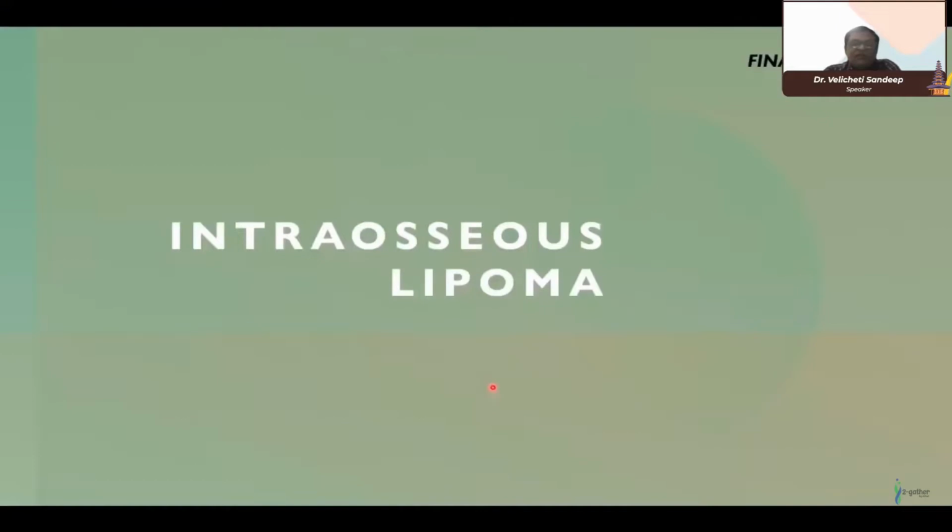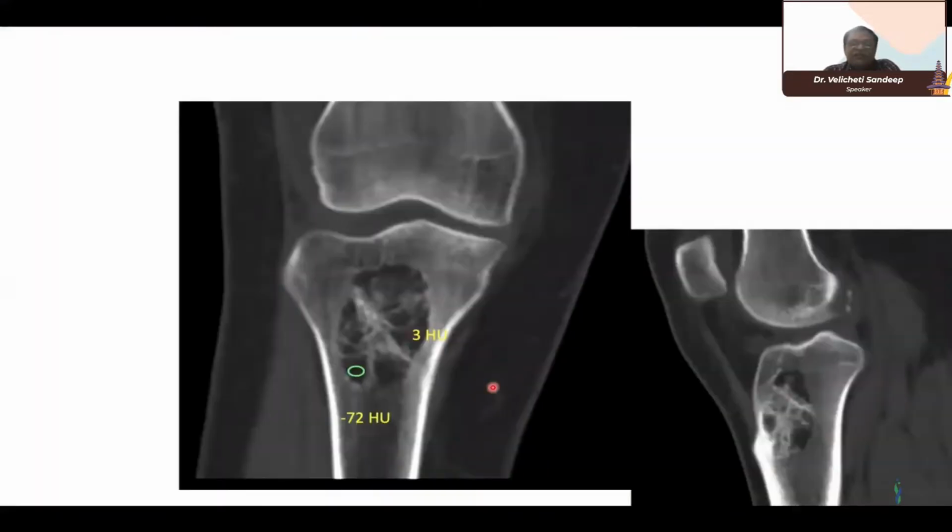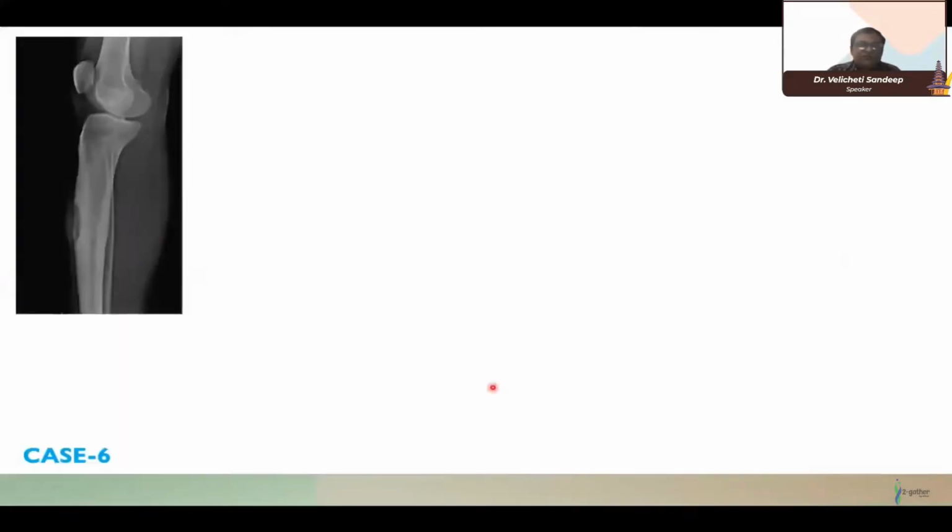And the final diagnosis is intraosseous lipoma. This is stage 3 of lipoma, which often contains sclerotic material, just like the CT scan. Fatty material and cyst within them should be anticipated whenever you get it in the classical sites. After the calcaneum, this is one of the sites, though intramedullary lipoma by itself is not that common.